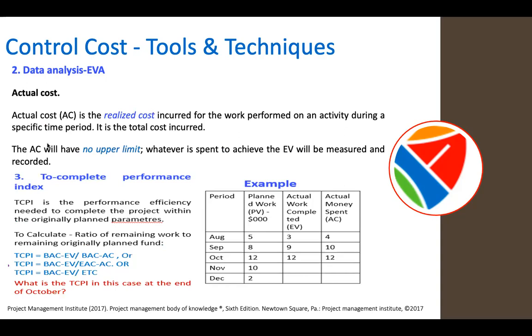And actual cost is the cost that has been spent. Basically, it is realized cost, which is the money you have already spent for the work performed for the activity during that specific time period. So there is no upper limit. Whatever is spent to achieve earned value will be measured and recorded.